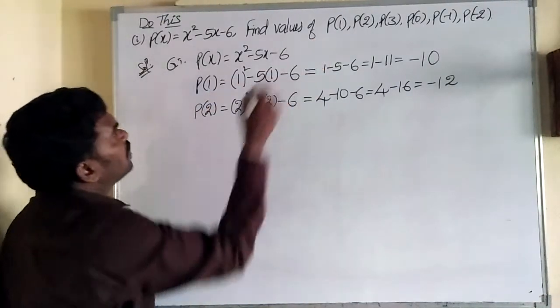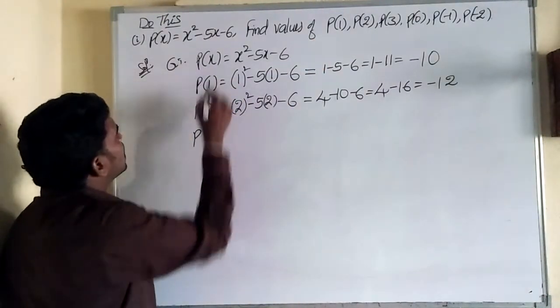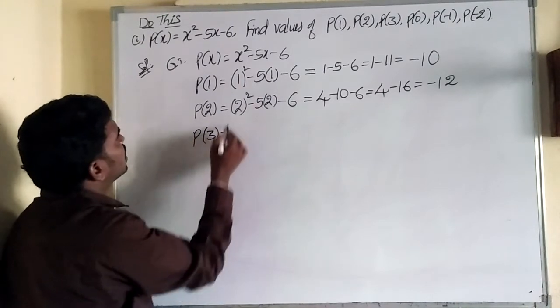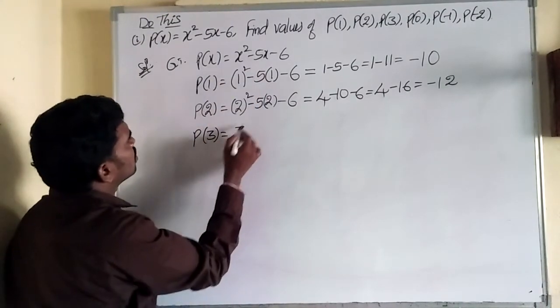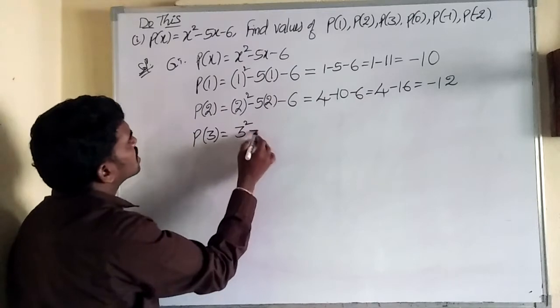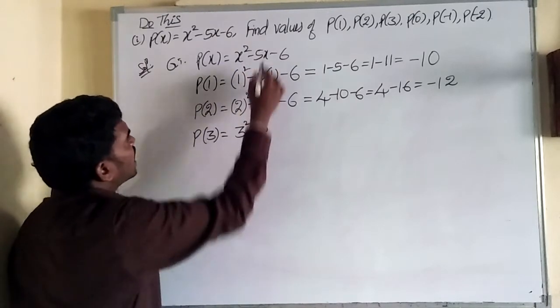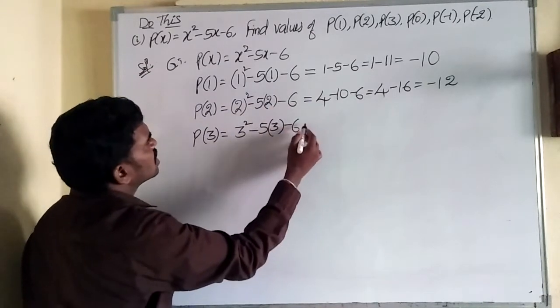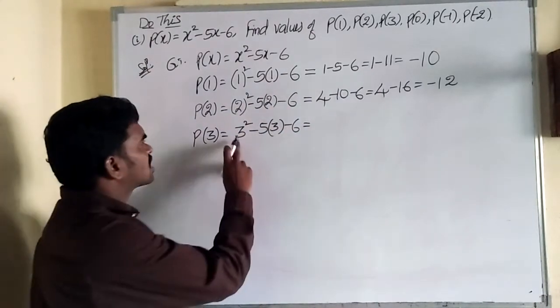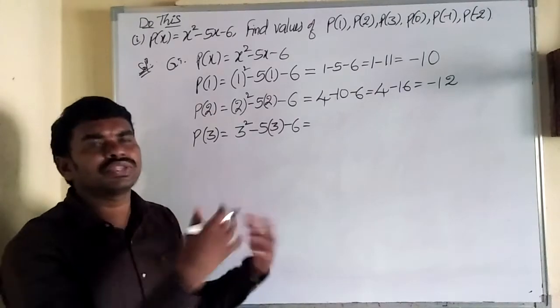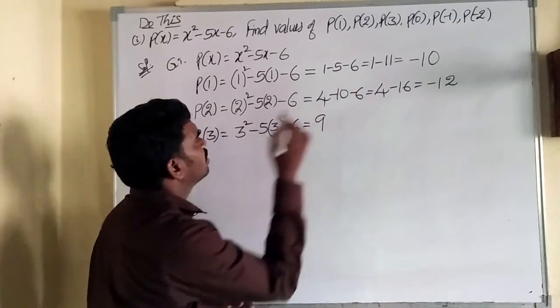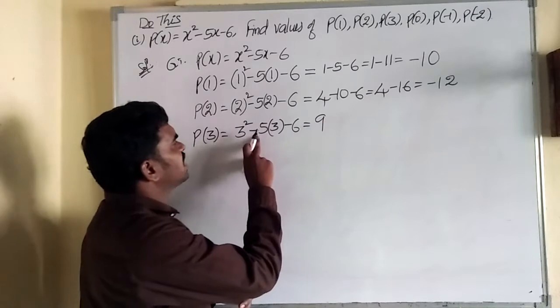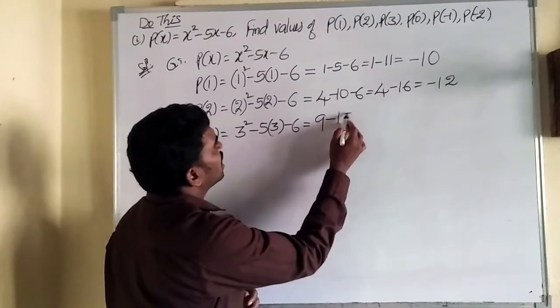Next, p of 3. In place of x, substitute 3. P of 3 equals 3 square, minus 5 times 3, minus 6. 3 square means 3 into 3, which is 9. Next, minus 5 into 3, minus 15.